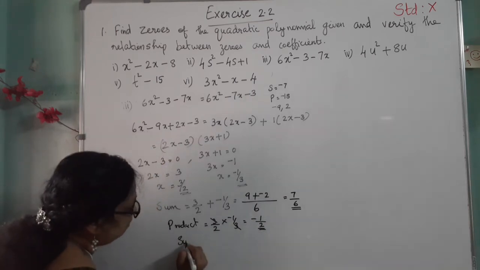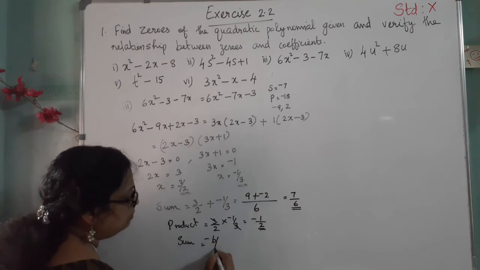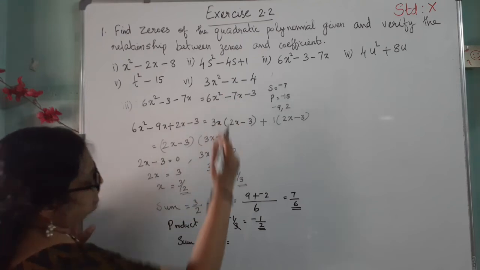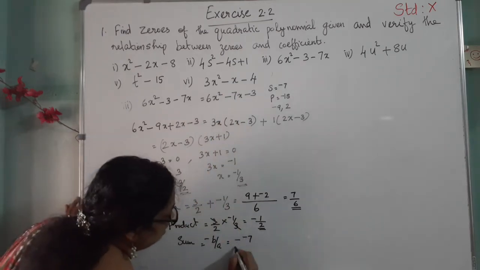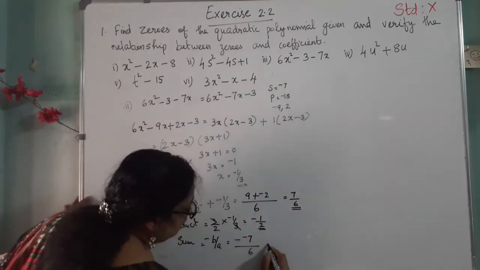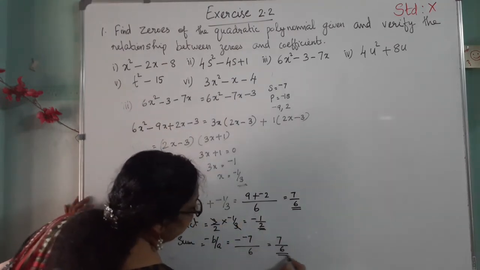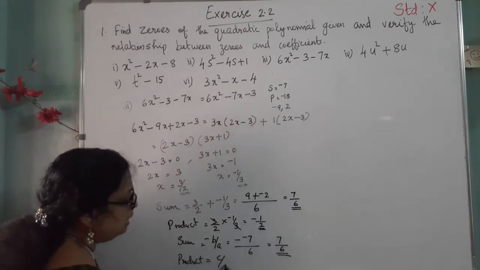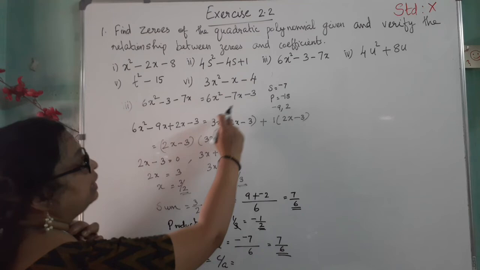Then we know that sum is equal to minus b by a, that is minus coefficient of x. Here coefficient of x is minus 7, so minus minus 7 divided by a, the coefficient of x square, here 6. That is 7 by 6. Then product equal to c by a, that is constant term divided by coefficient of x square.